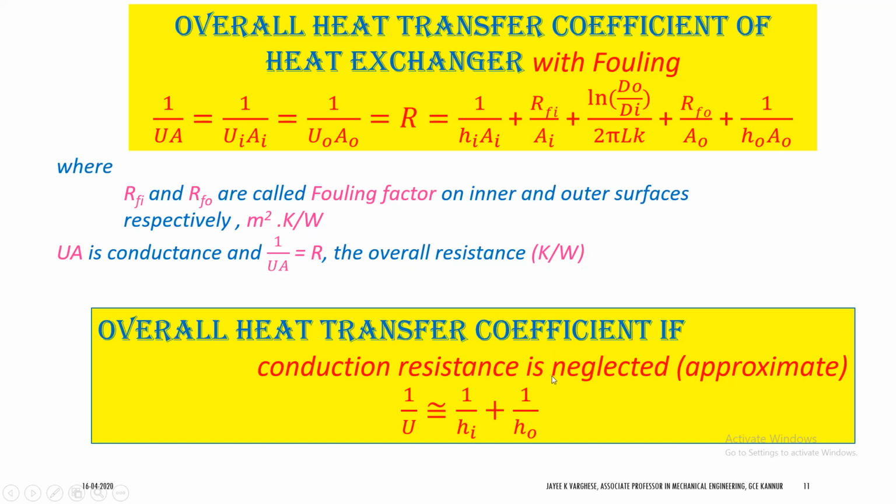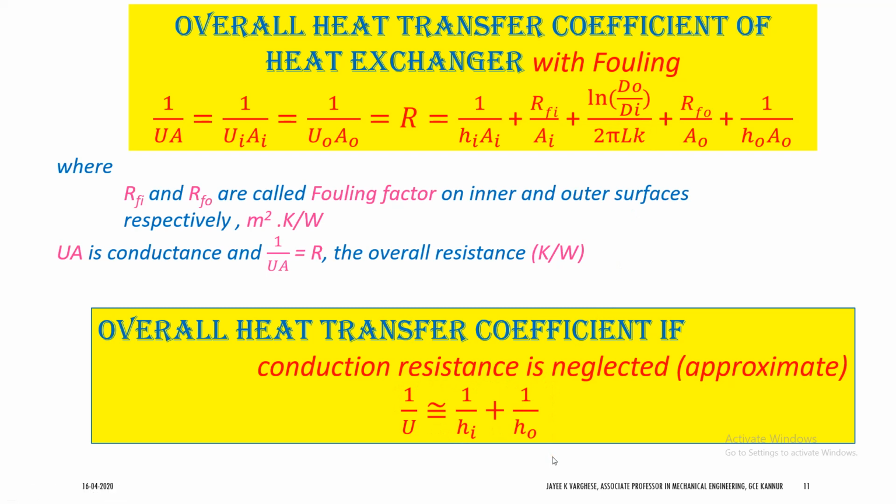Now a very simple type of calculation, in cases where you don't have fouling and the resistance for conduction through the wall is neglected. In the case of overall heat transfer coefficient, the deciding factors are HI and H out, and in the majority of cases the conduction resistance will be very small, so comfortably in some cases you can neglect that also.